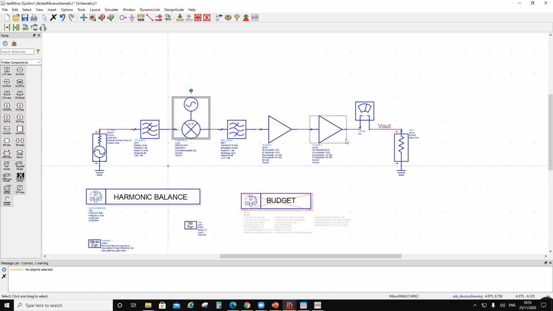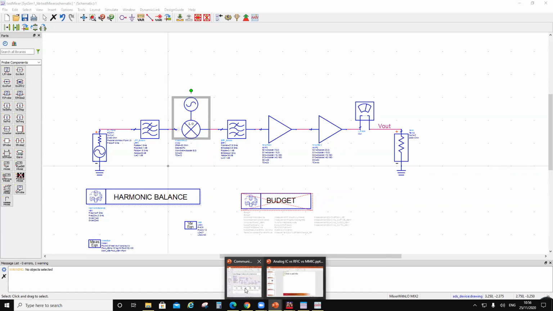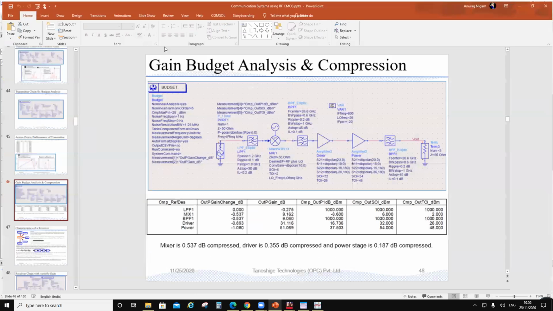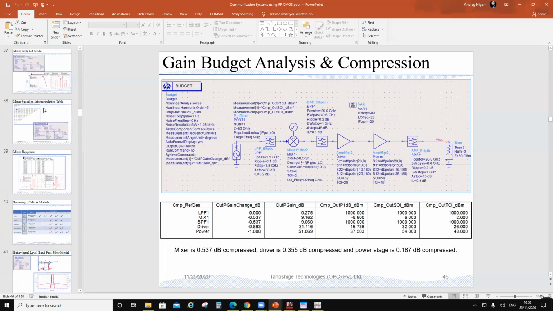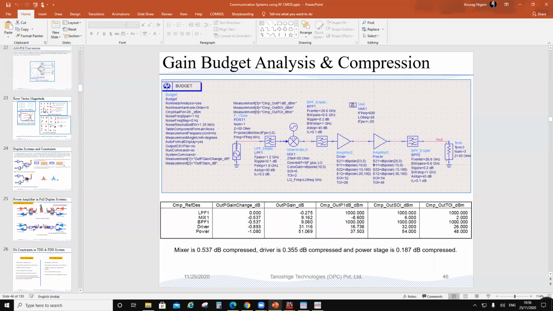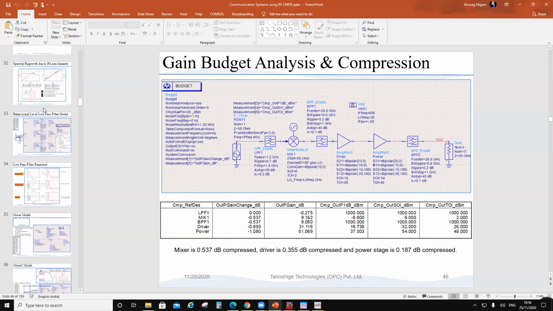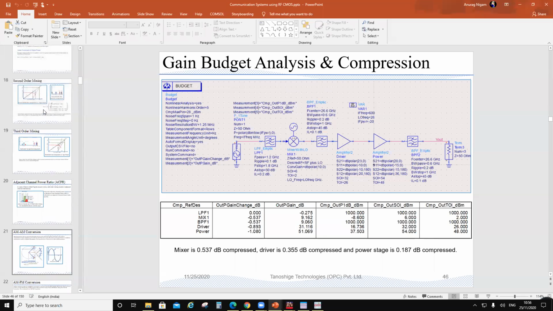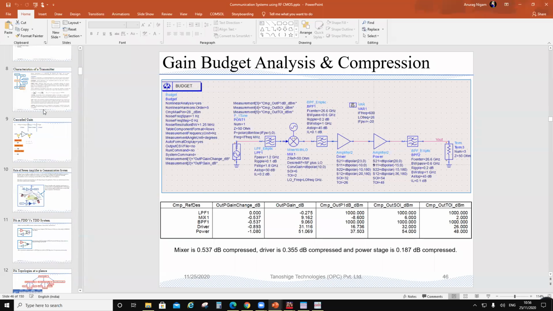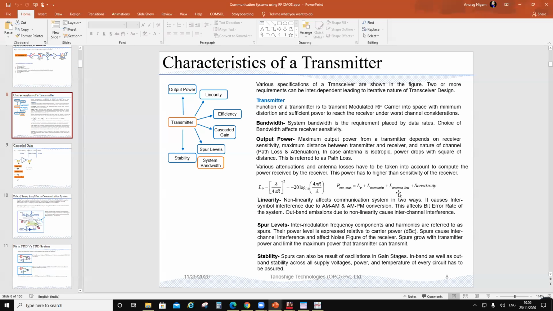So how do you choose the best specification? That is a big question. Okay, no, it is not a big question, it's a small question. If you go back to my presentation and read it, we started with the output power level. When you look at the transmitter characteristics, I started talking about the output power level and said, find out the worst case.